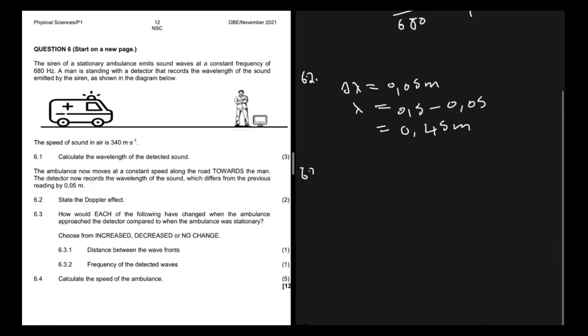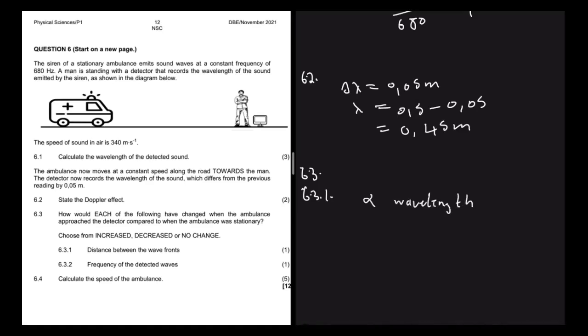And then we have 6.3. So 6.2, that's the definition. And then 6.3 says, how will each of the following have changed when the ambulance approached the detector compared to when the ambulance was stationary? And then we have 6.3.1: distance between the wave fronts. The distance between the wave fronts is directly proportional to the wavelength.